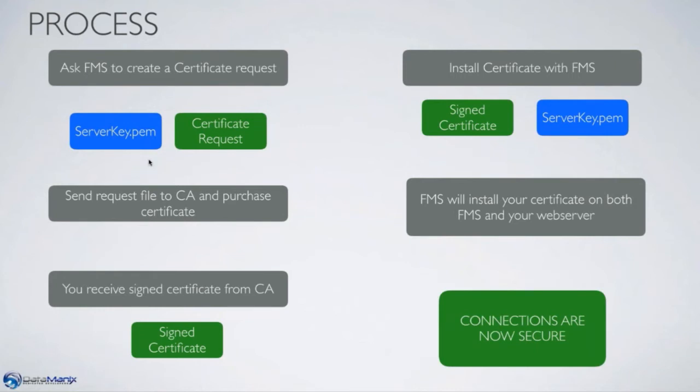And then the connections are now secure when the certificates are installed. So this is the process that we need to run through in order to install the SSL certificate on FileMaker Server.